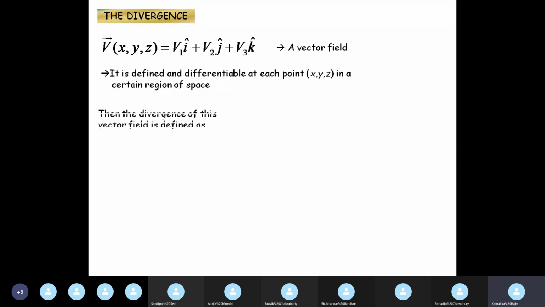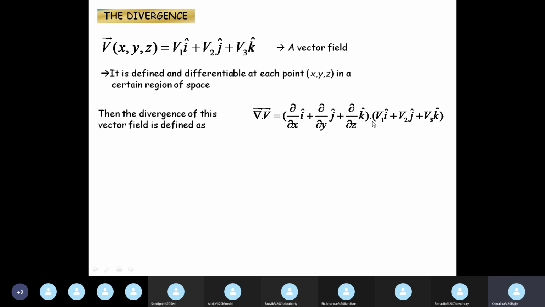The divergence of this vector field is defined in this manner. Divergence v is equal to the grad operator, del del x i cap plus del del y j cap plus del del z k cap, operating on the vector v1 i cap plus v2 j cap plus v3 k cap.